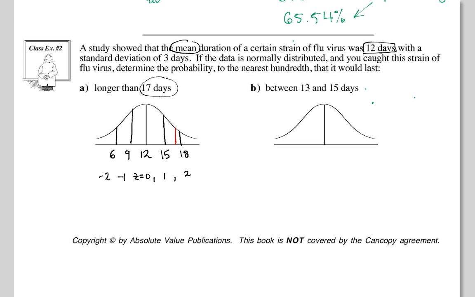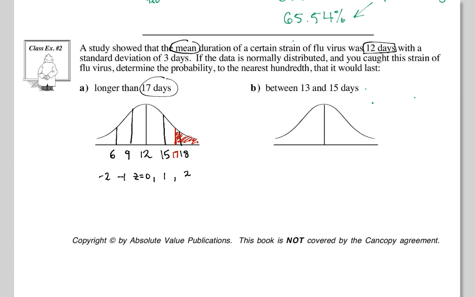Over here somewhere? Now do we shade to the left or to the right for this word here? Longer than 17. Shade to the right. You guys agree with that? Is that a very big part compared to the whole? So we should expect a pretty small probability here, right?